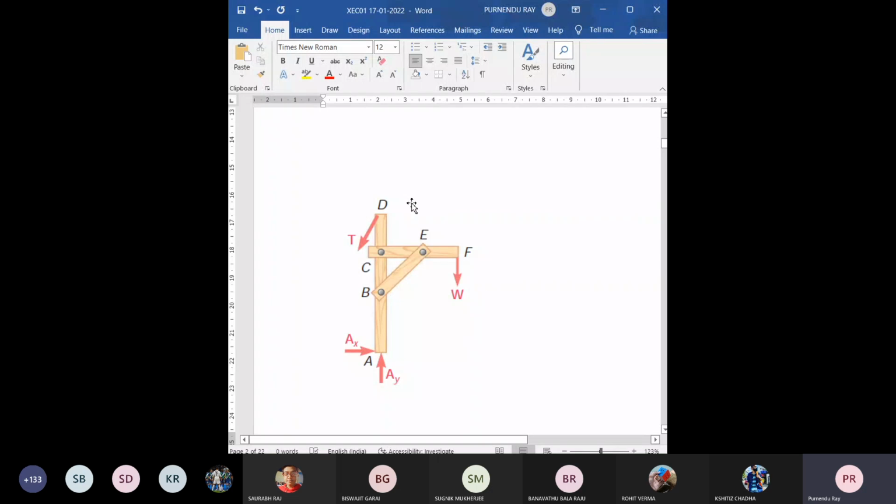And when you draw the vector triangle, you will find the T inclined downward, then W vertical downward, then third side of this triangle should be directed from this location to this location so that it is forming a closed vector polygon, that is a triangle for equilibrium.